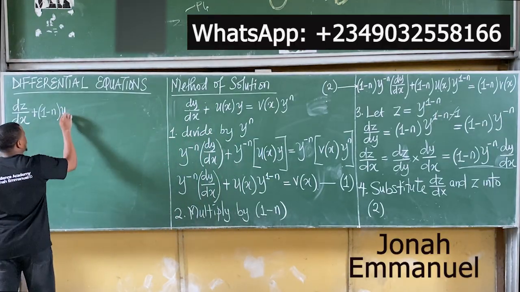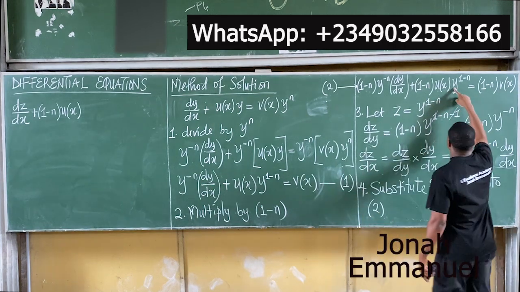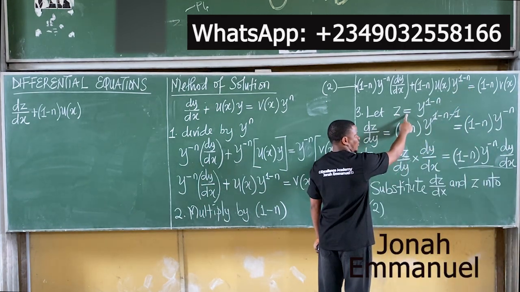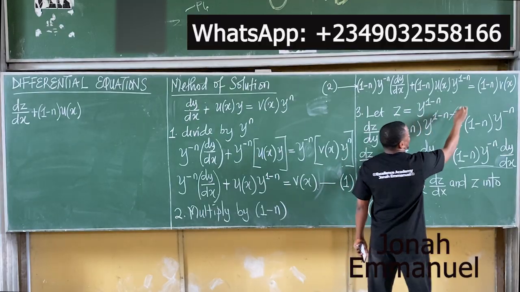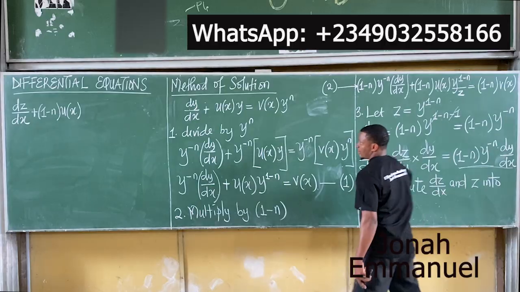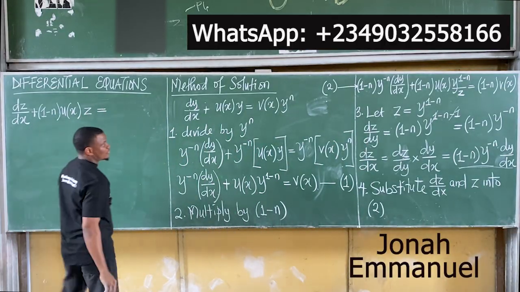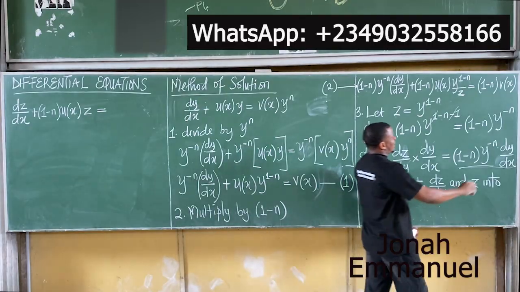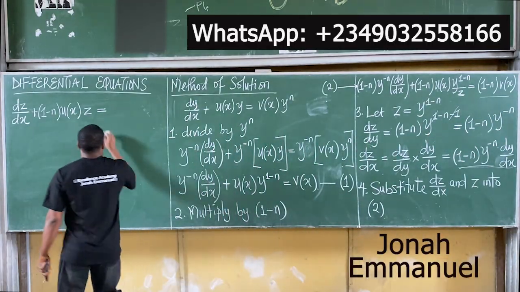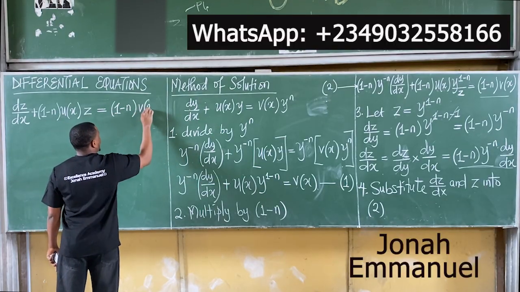Into u of x. Right. Into y to power 1 minus n. Now recall that we said let z be equal to y to power 1 minus n. This one here becomes z. So u of x z is equal to what I have here, 1 minus n into v of x.